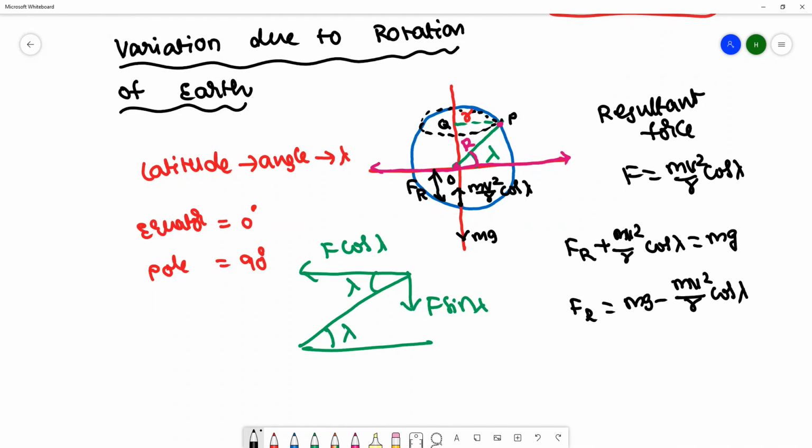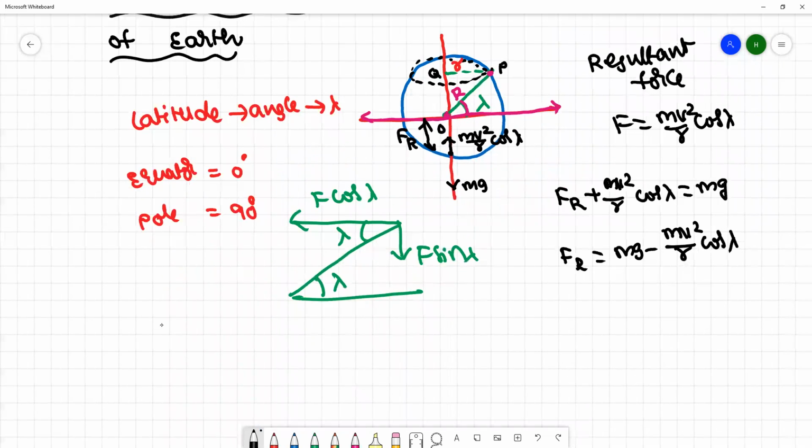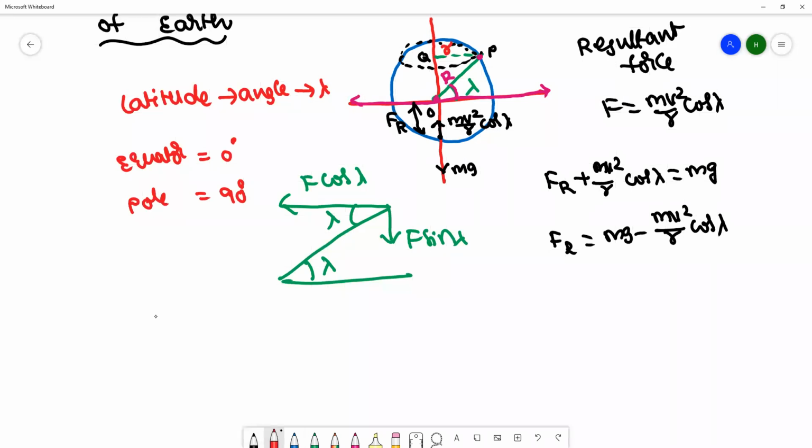Then F_R is equal to mg minus m v square by r cos lambda. Here g is going to vary because of the rotation. So F_R is m g dash, equal to m into g minus m v square by r cos lambda.